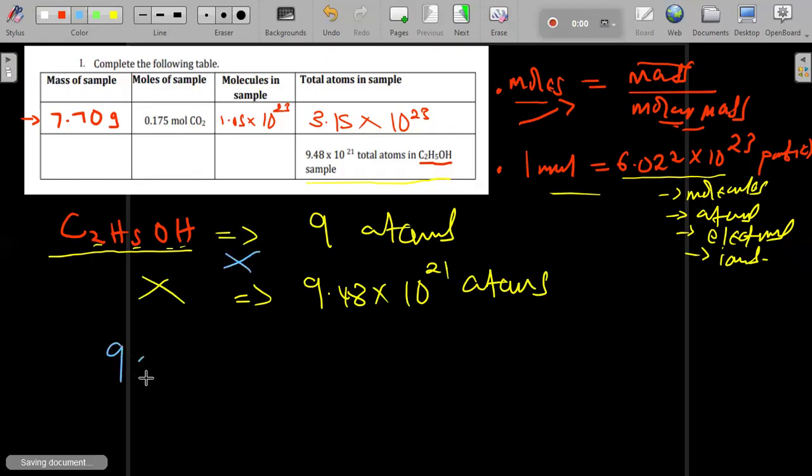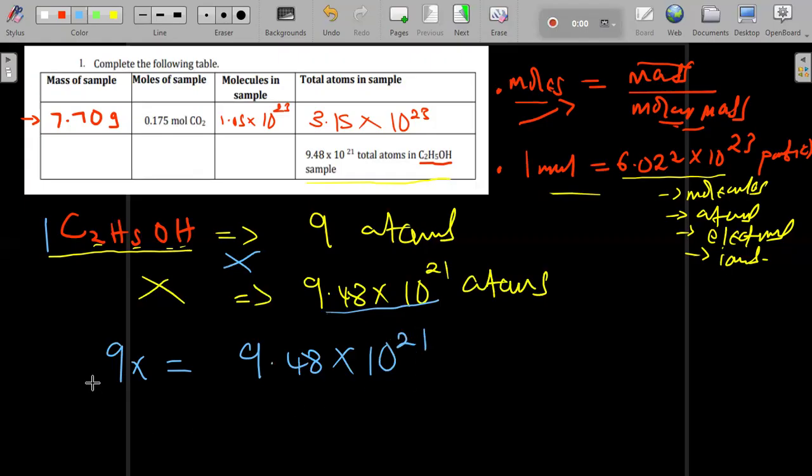You're going to have 9x is equals to this number of atoms multiplied by one molecule, 9.48 times 10 to the power 21. So you divide this side by 9, even this side you divide by 9. So x will be equals to 9.48 times 10 to the power 21 divided by 9.